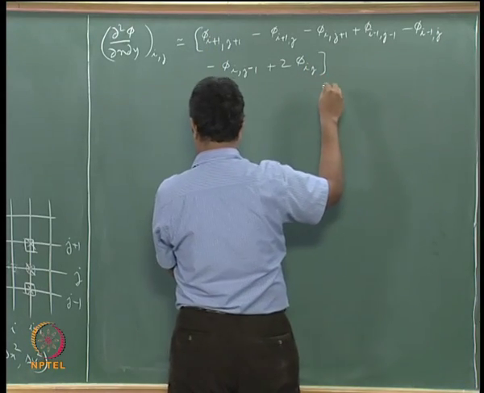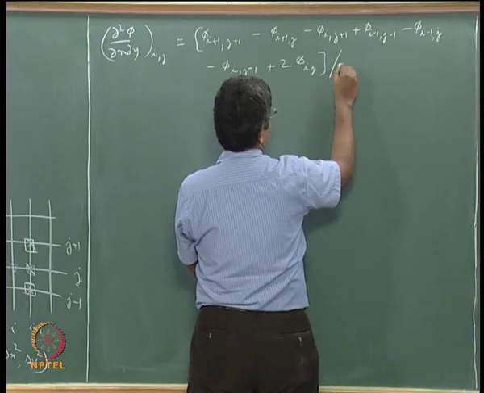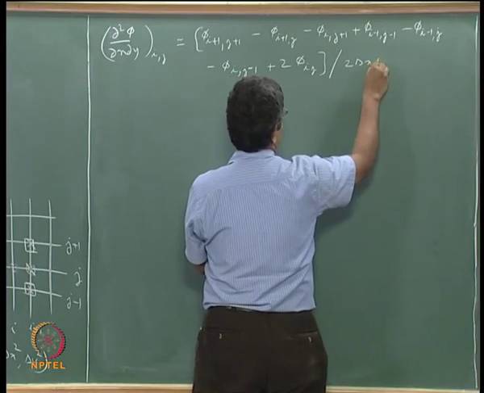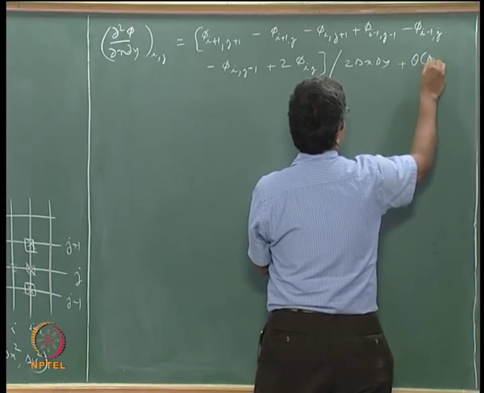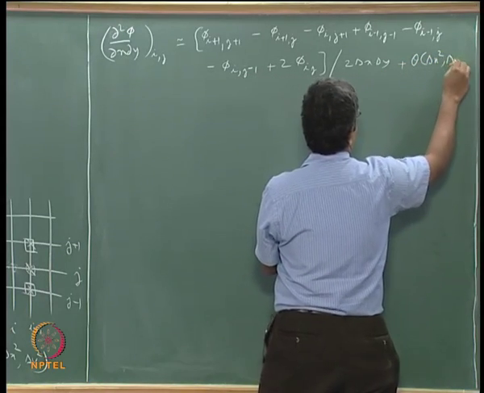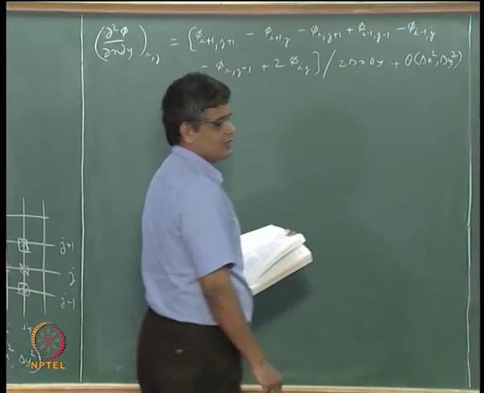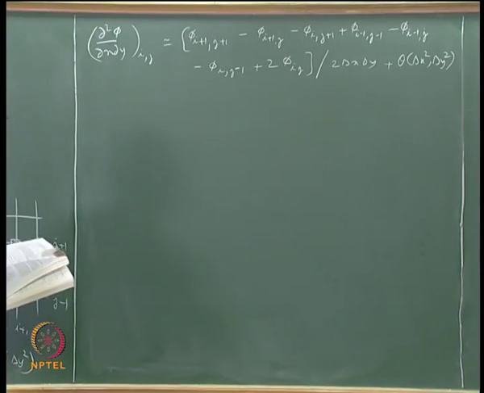This whole thing divided by 2 Δx Δy, plus terms of the order of Δx² Δy². So this is one formula.